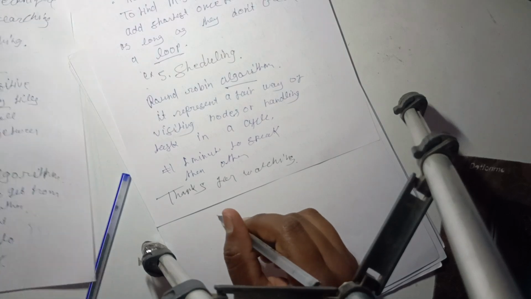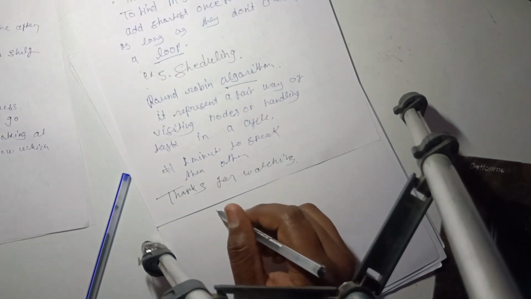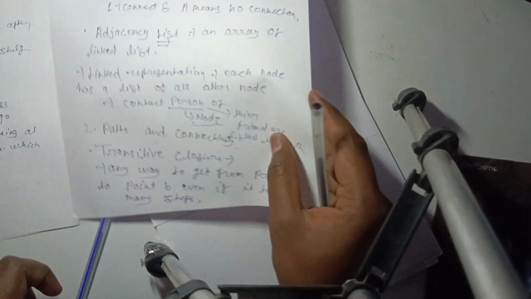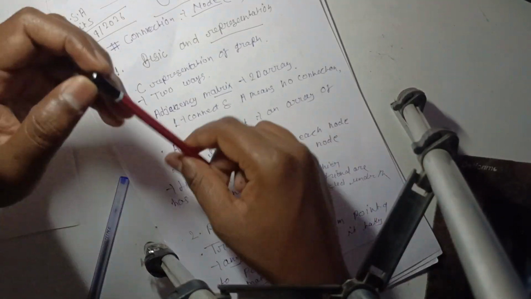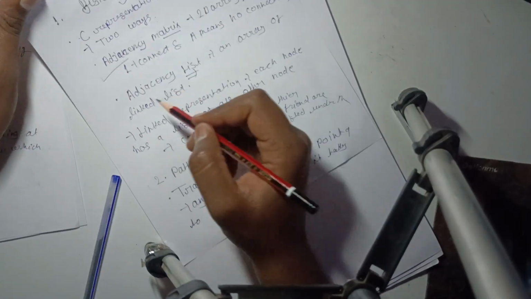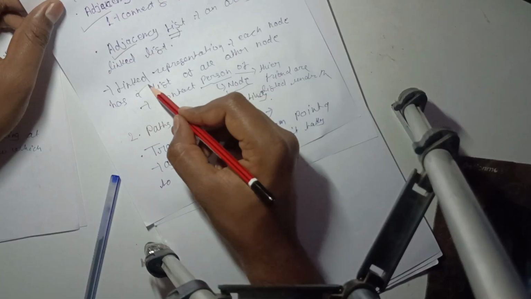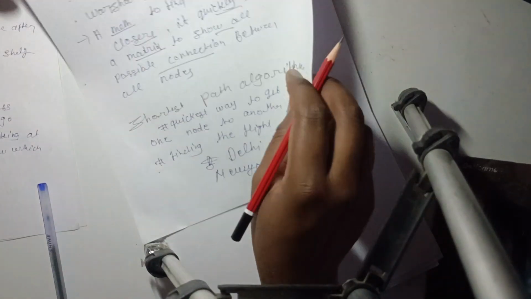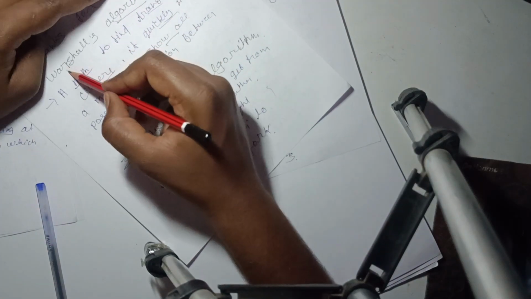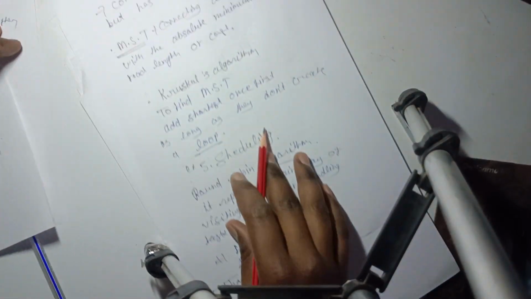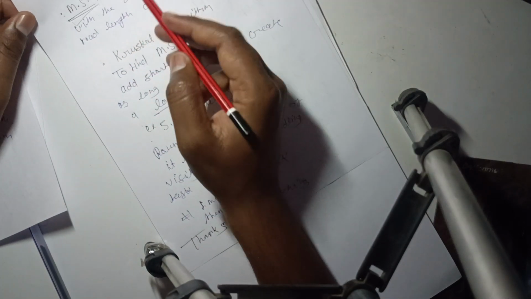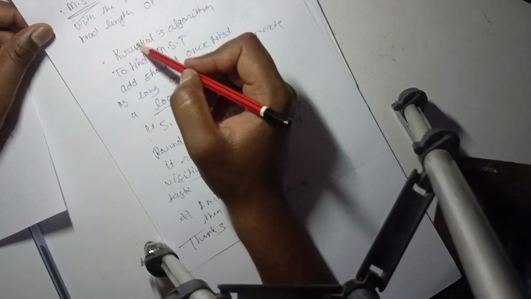Let's revise all that we have done. Firstly, we took the introduction of graphs, then the basic representation of graphs, then the types of graphs, path connectivity, then the Warshall algorithm, then spanning tree, minimum spanning tree, connecting all nodes in the graph with no loop.